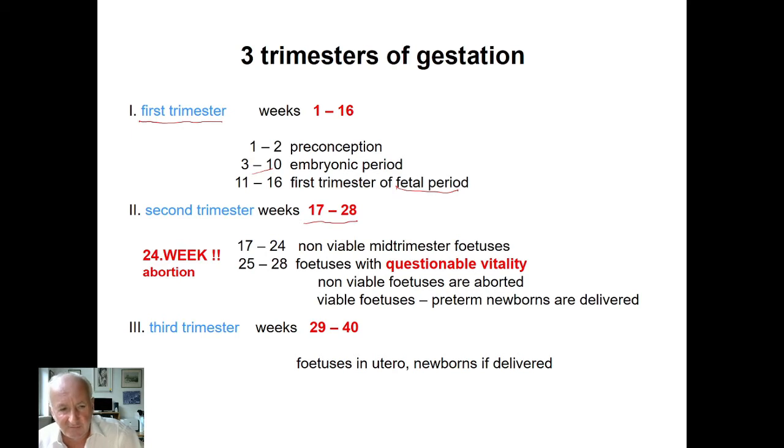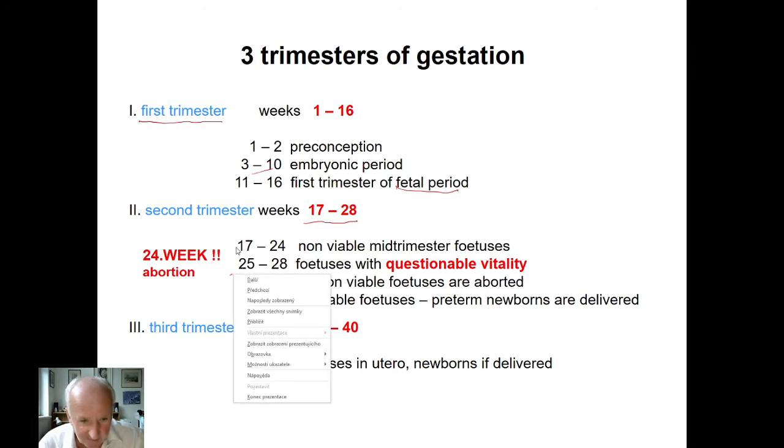After the 24th week, that means from the 25th week later, it's a preterm newborn baby, a preterm childbirth. So the 24th week is a very important borderline: till this time it's abortion, after this time it's a preterm newborn baby. Vitality is a question at this moment. Around this time it's a problem.